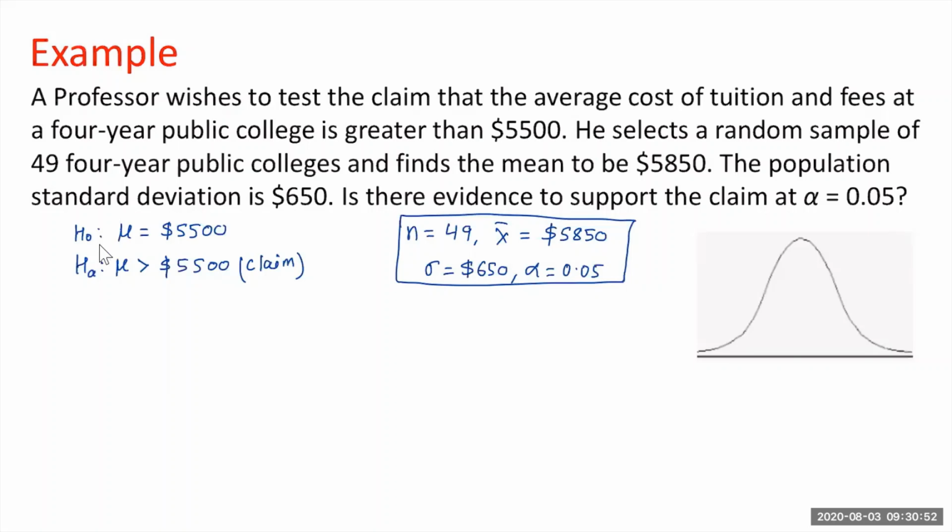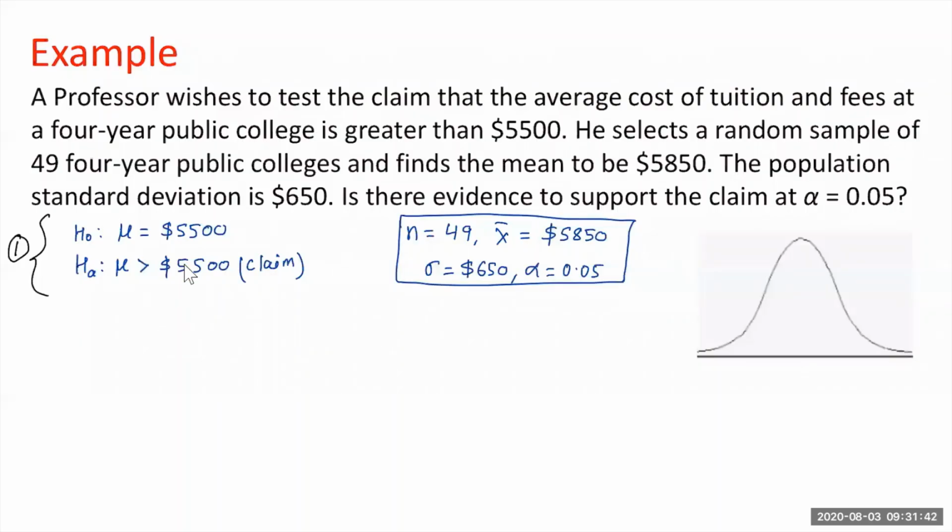So this is the information given to us, and these are the null and alternative hypotheses we wrote by reading the problem. We have not done anything else so far. This was the first step in performing the hypothesis testing.